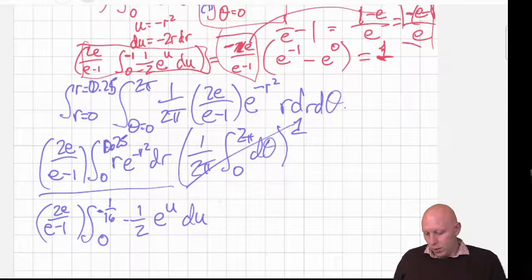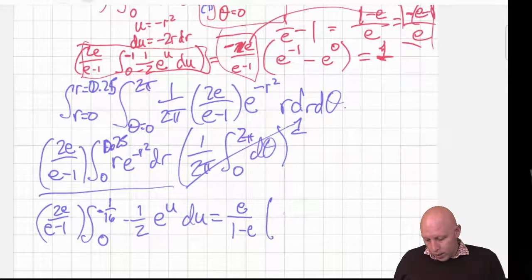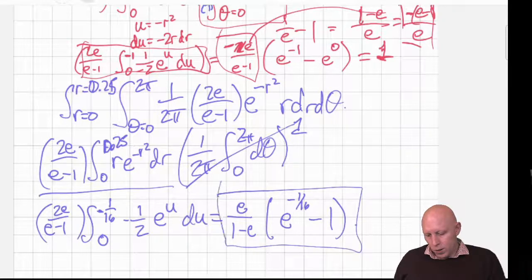And so what do we get? We bring out the negative 1/2, and we get e over 1 minus e times e to the minus 1/16 minus 1. All right, and so this is our answer.